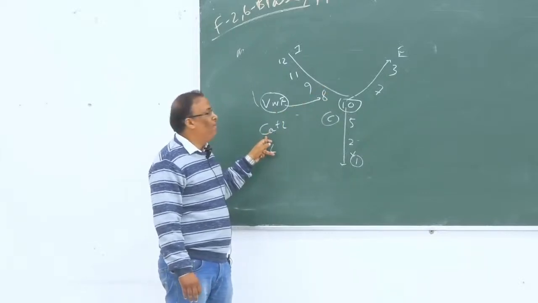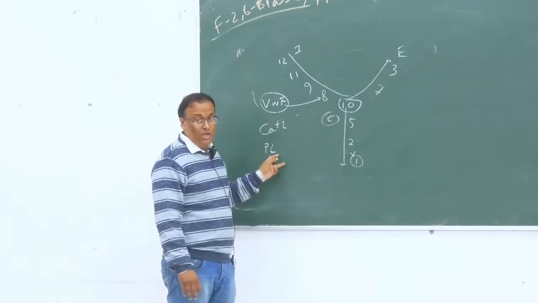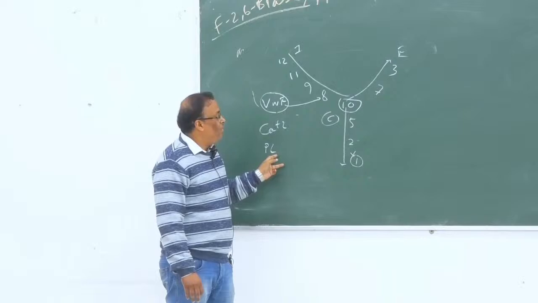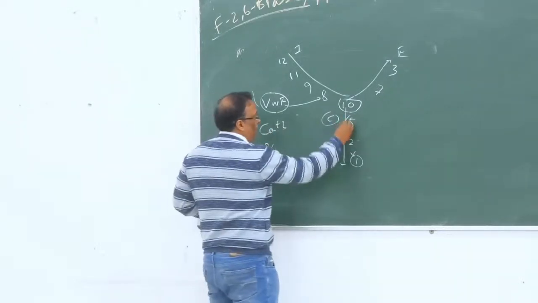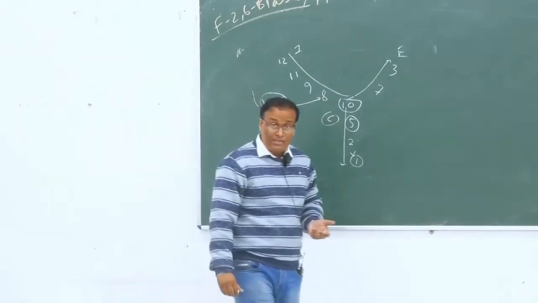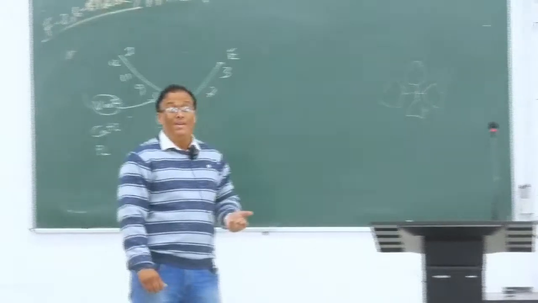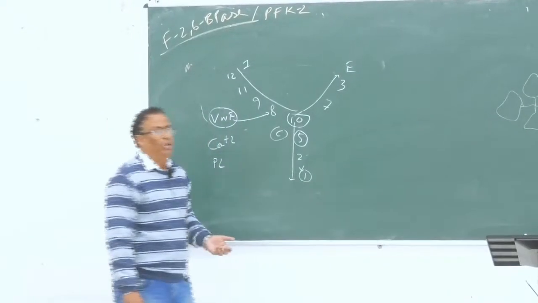Calcium is required in many, 2 to 3 steps. I'm coming to that later, and the phospholipid also is there. Remember always, this is factor 5. This factor 5 is important to form a complex that is called the prothrombinase complex. Prothrombinase complex means 2 numbers and 2 words.